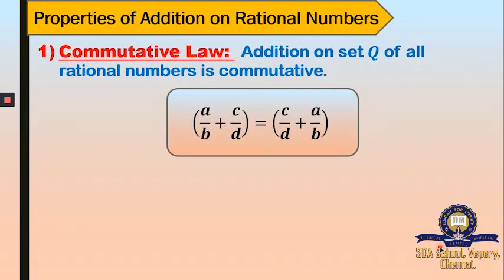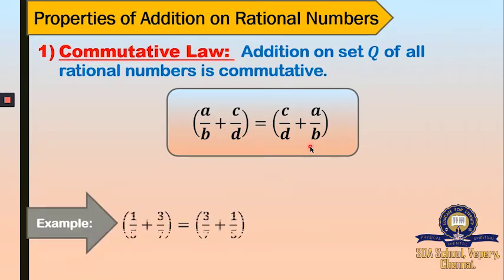So next we are going to see about properties of addition on rational numbers. So the first property is commutative law. So addition on set Q of all rational numbers is commutative. So here a by b plus c by d equals c by d plus a by b. So based on this I have given you an example.